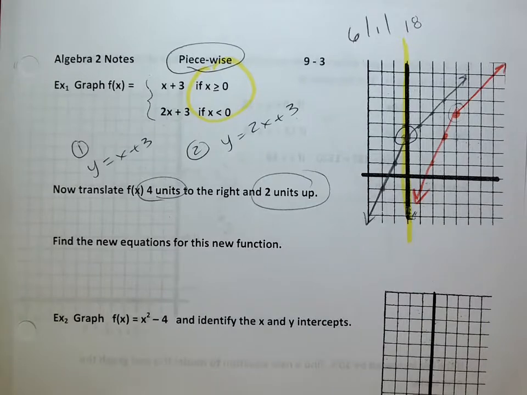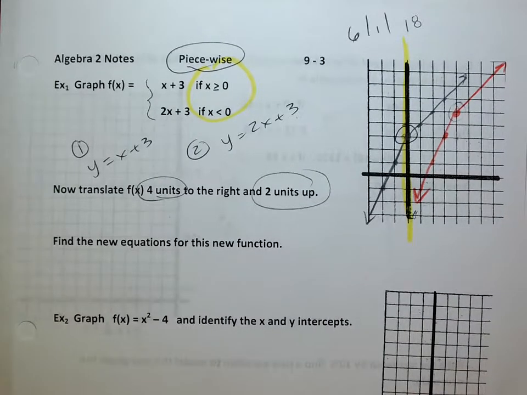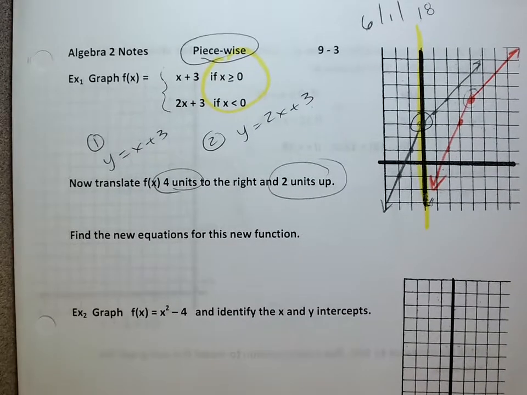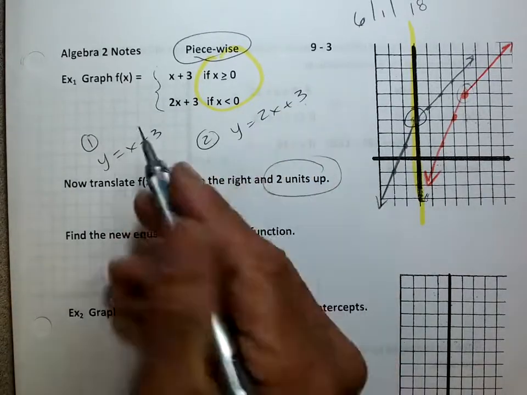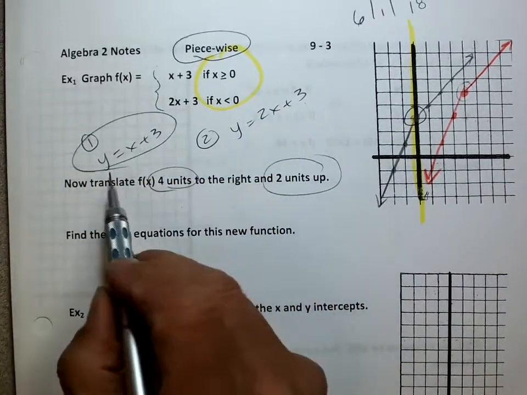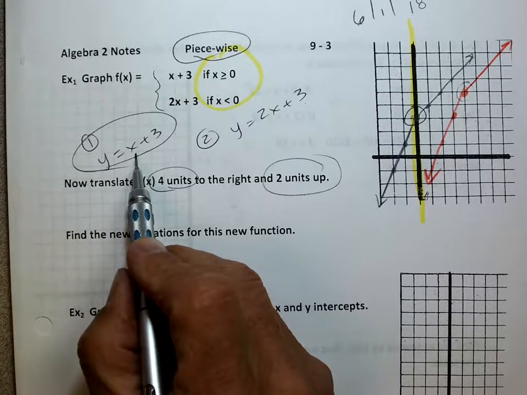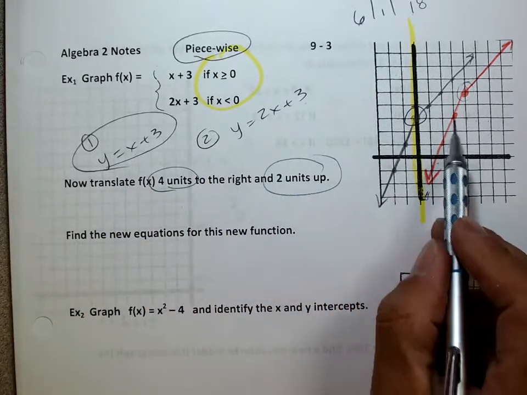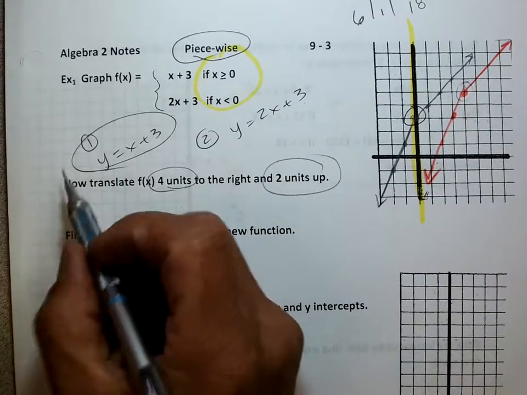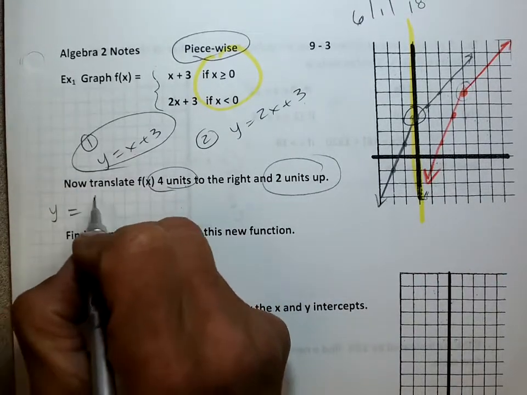Now, find the new equations for both. Okay, now, Natalie, this is where you're going to see when I do the dance. Here comes the dance. So let's take our equation 1. So our equation 1 is our y equals x plus 3, right? But if I want to take it 4 units to the right, I'm going to write this as y equals x.